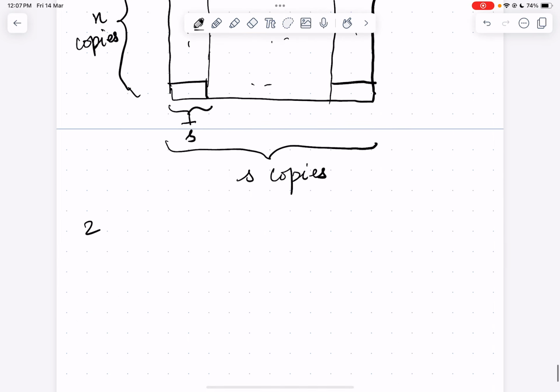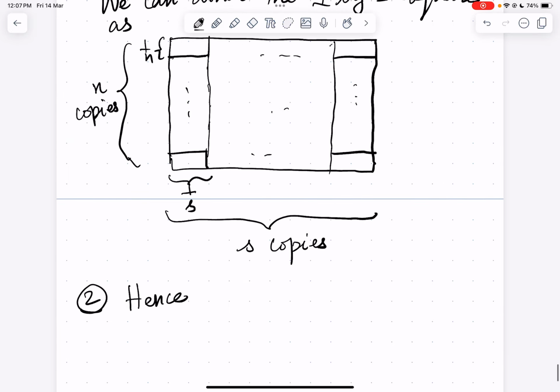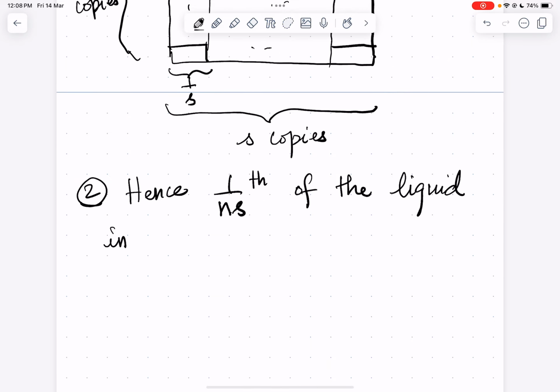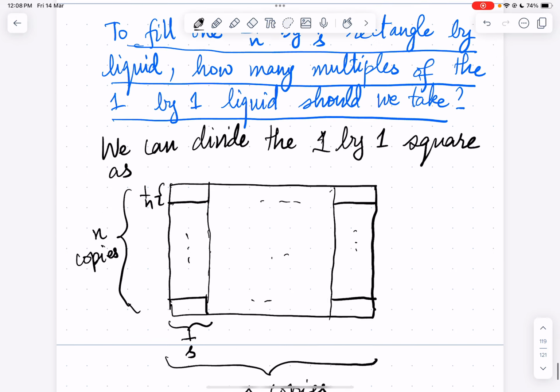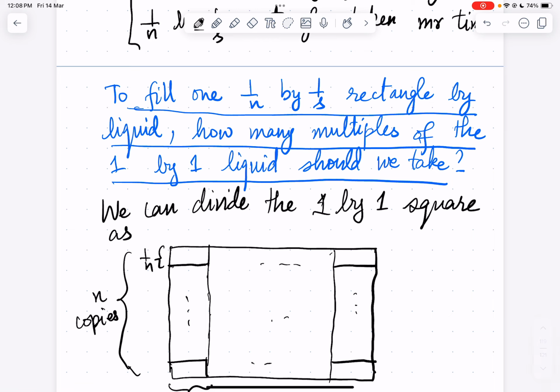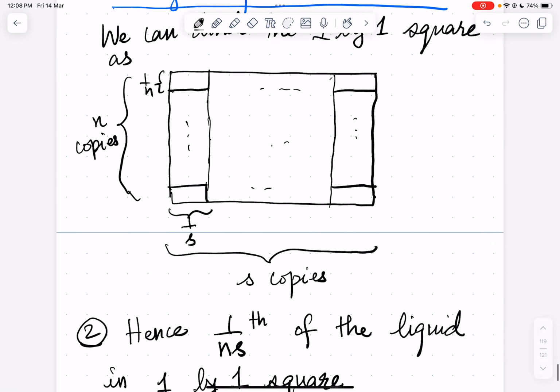So the second observation is, hence, 1 by ns of the liquid in the 1 by 1 square. The question was, how many multiples of the 1 by 1 liquid should we take to fill a 1 by n by 1 by s rectangle?